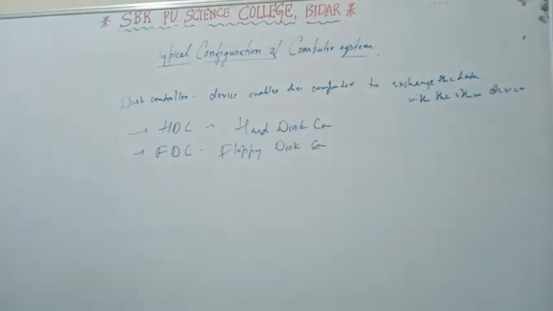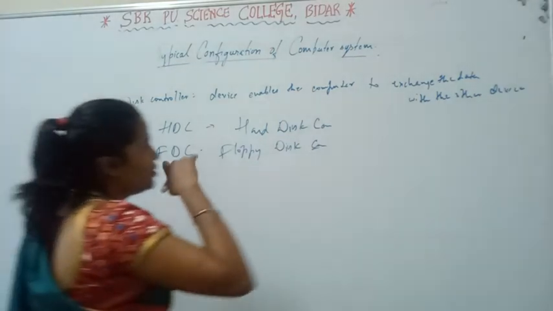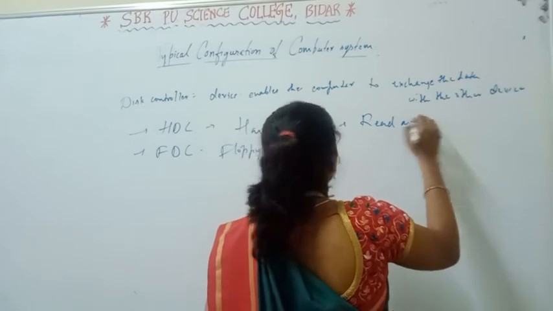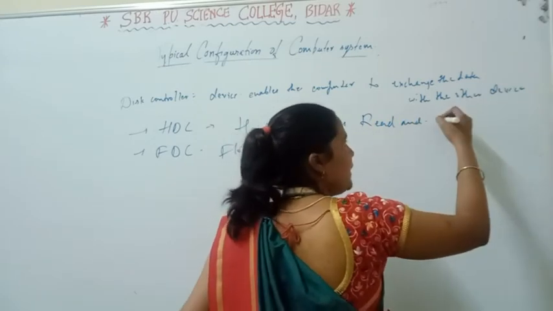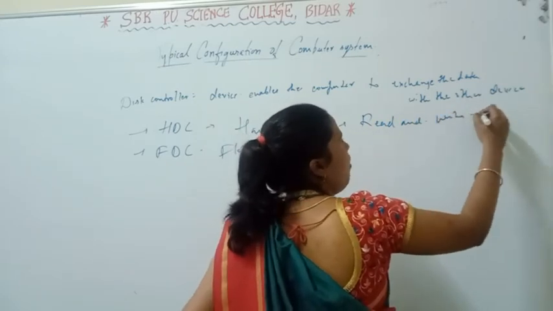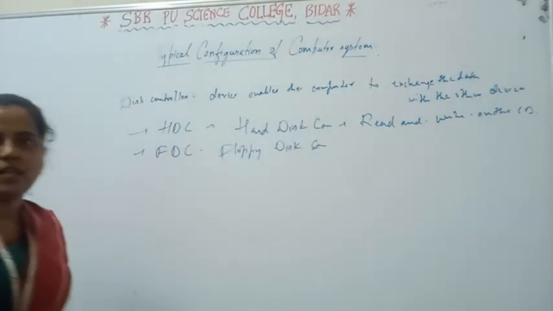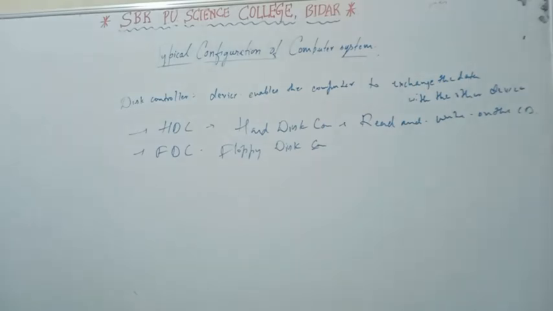So HDC: here we are going to read and write information. By using this controller, we read and write the information on the CD. That information can be read or written by this controller.